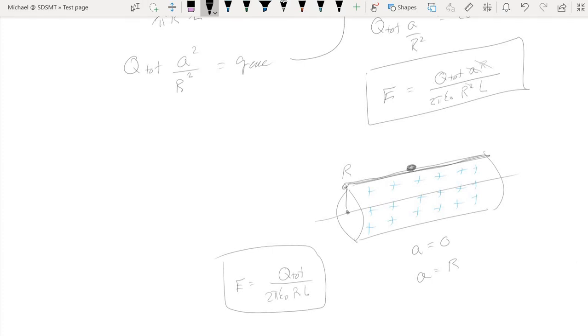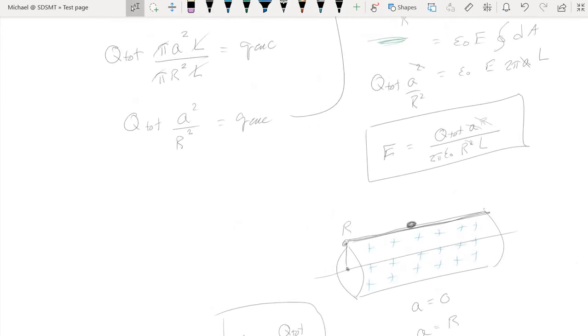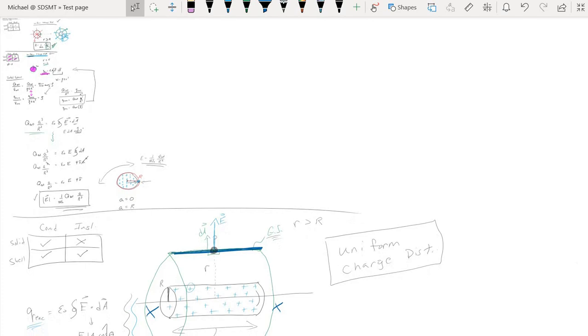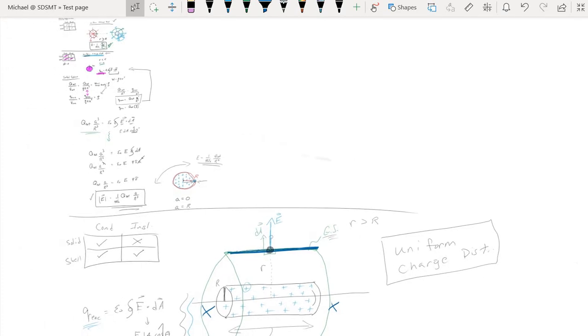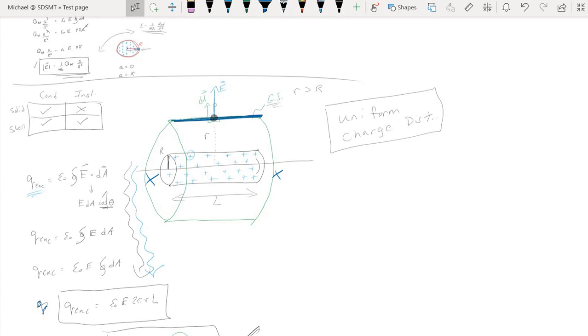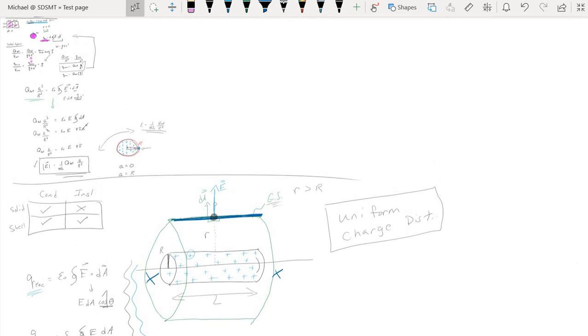All right, so that concludes this particular video when it comes to using Gauss's law. Not only were we able to reproduce a lot of the things that we already knew about the spheres acting like point charges, but now we can see that as long as we're outside of a uniformly charged cylinder, it will act like a line charge.